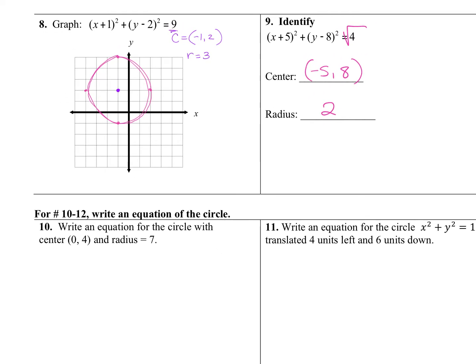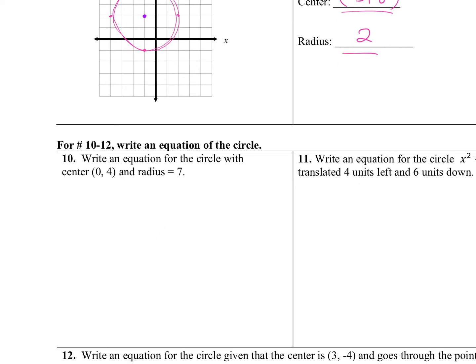Okay, number 10 says write the equation of a circle with a center of 0, 4, and a radius of 7. So now they're just switching it up, right? Instead of giving you the equation, they're giving you the center and radius. So it's going to end up looking something like this. This is your H and your K. So it's going to be X squared.